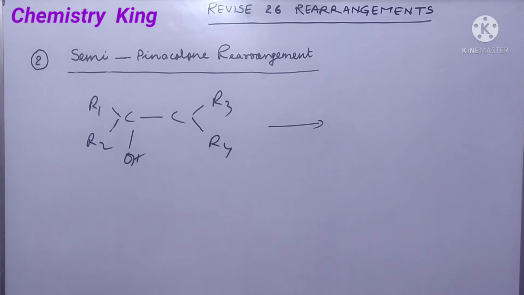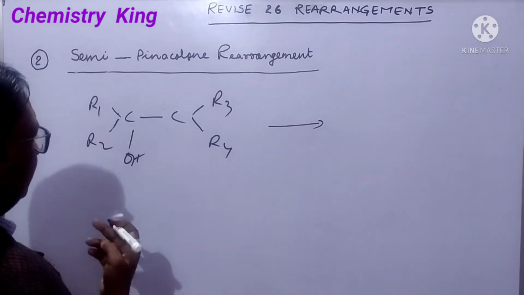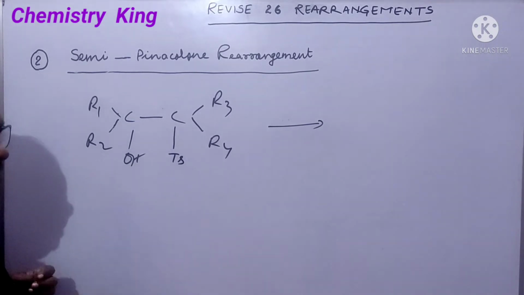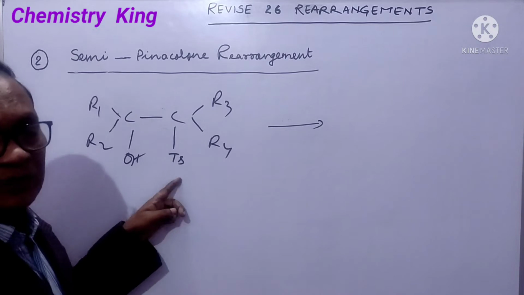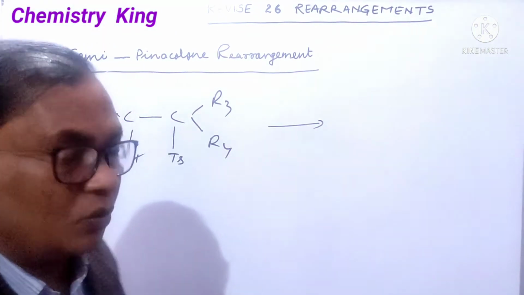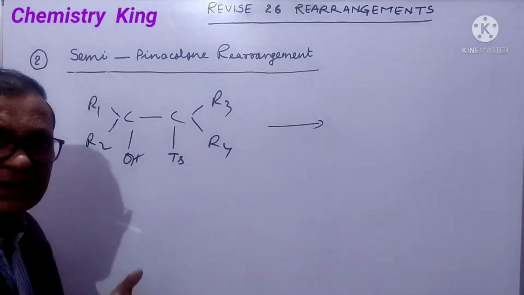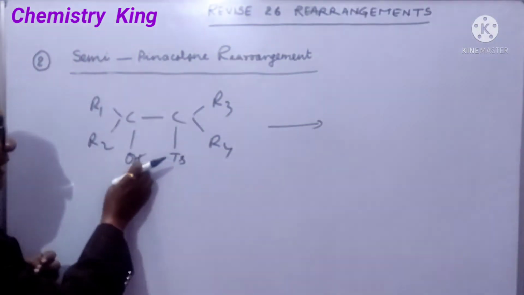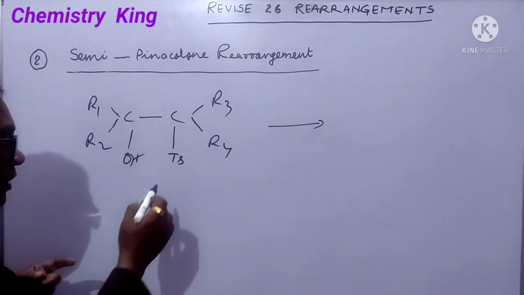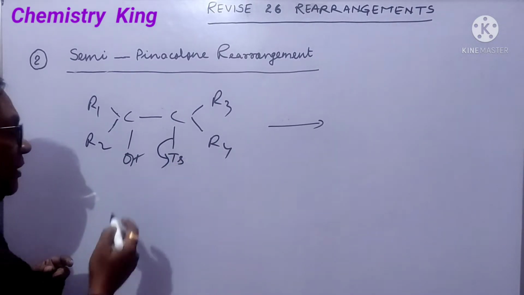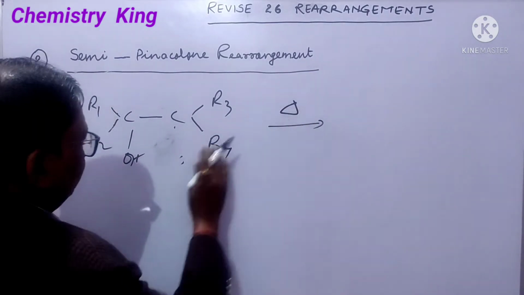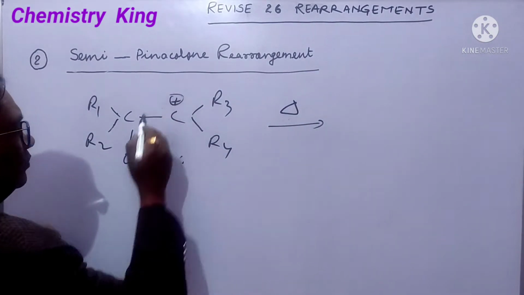Number 2, semipinacolone rearrangement. Suppose one is OH and another is TS. TS means tosyl group. Tosyl group is a very good leaving group. So it doesn't matter whether this will be eliminated or this will be eliminated. Surely it will be eliminated when it is heated, leading to this.